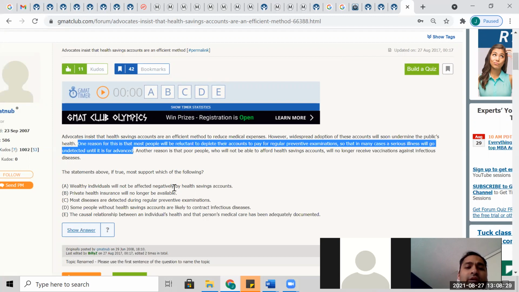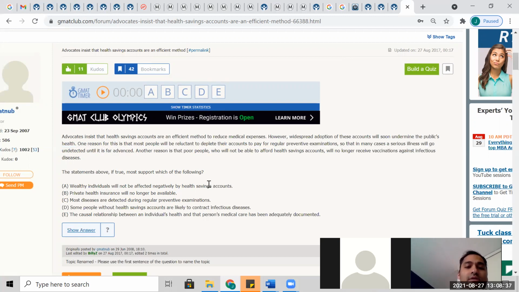We don't know if the rich will get it or not, because maybe the rich also get these health savings accounts. So given we don't know whether the wealthy will go for it or not, probably they will. Sorry, maybe they won't, they don't need it. There is not enough information to draw such a conclusion. That's why I chose A. It seemed just too out there.